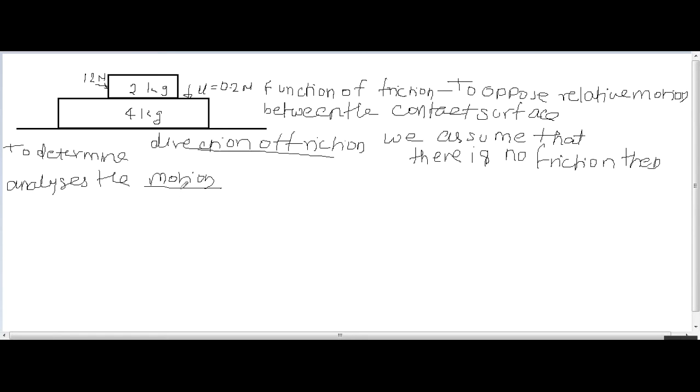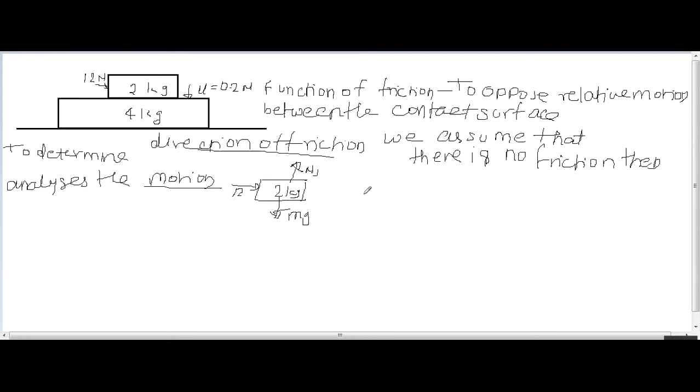So we draw the free body diagram without thinking about friction. This is the 2 kg block, and here is mg, this is N, this is N1, and this is 12.